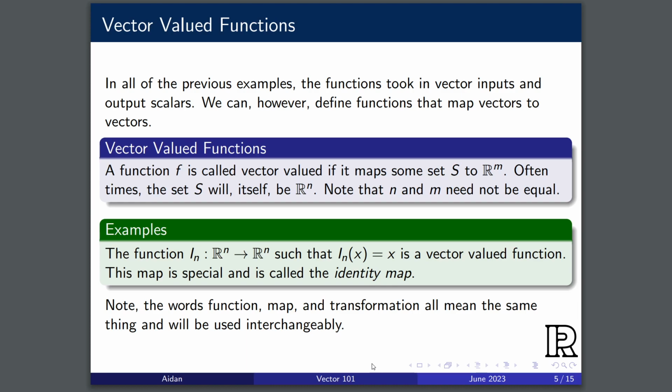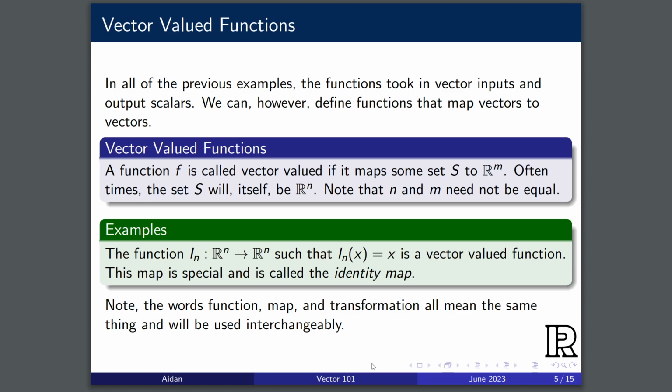So in general, if you have some function f that takes in some input and outputs a vector, that's called a vector valued function, because the values that it outputs are vectors. And usually the inputs will also be vectors. But really, vector valued function just means the output is a vector.